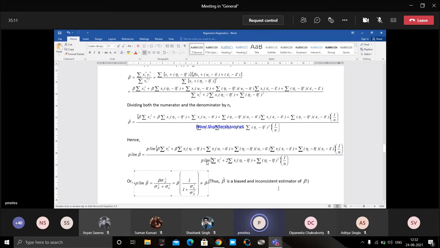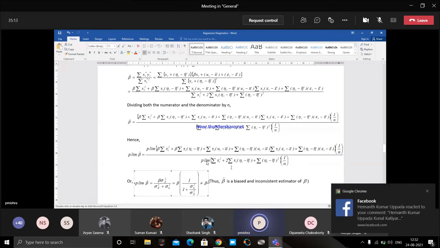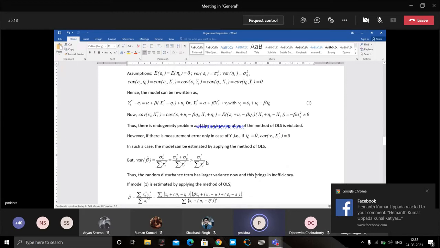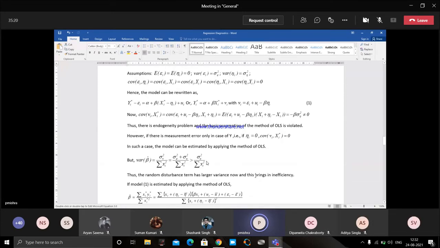So this was with reference to committing error in measuring the independent variable. As we have seen in yesterday's class, if we commit some error in measuring the dependent variable, we don't have any issue as far as bias or inconsistency is concerned.